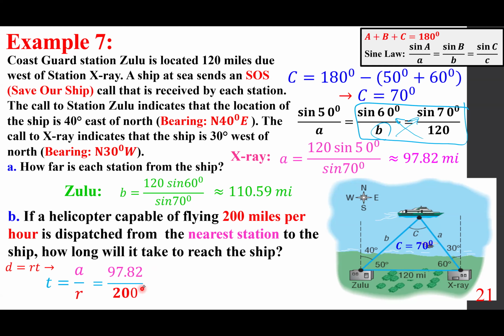It gives us 0.489 hours. If you want to go with minutes, remember 1 hour is 60 minutes. Then you multiply by 60, which gives you 29.35 minutes, because we're going to use the smaller of the two.